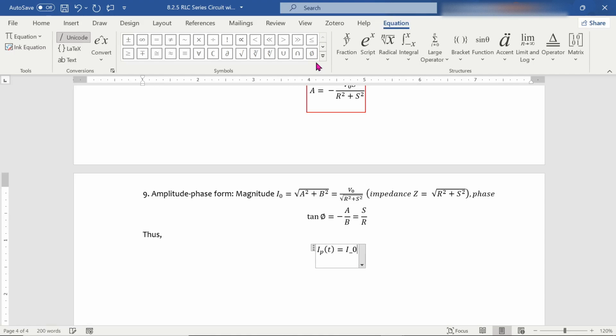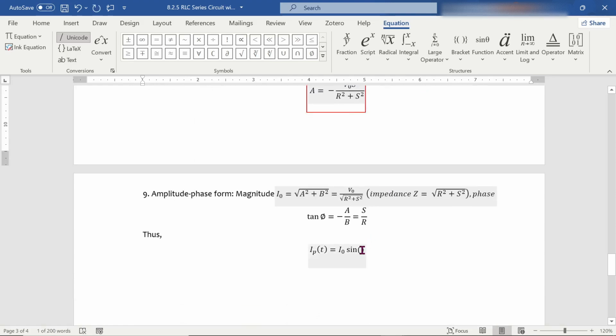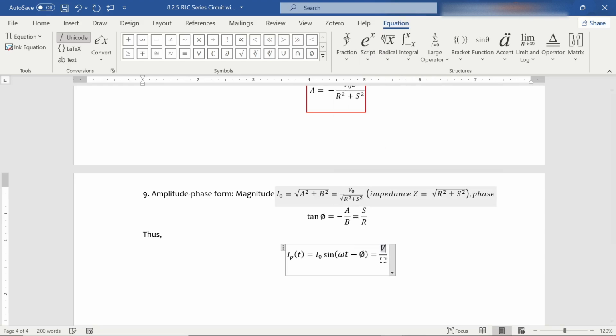This is equal to I sub O sine of omega t minus phi, which is equal to V naught over the square root of R squared plus S squared, or simply the impedance, times sine of omega t minus phi.